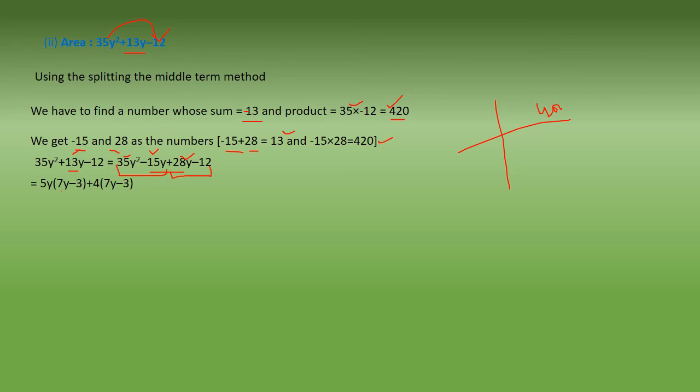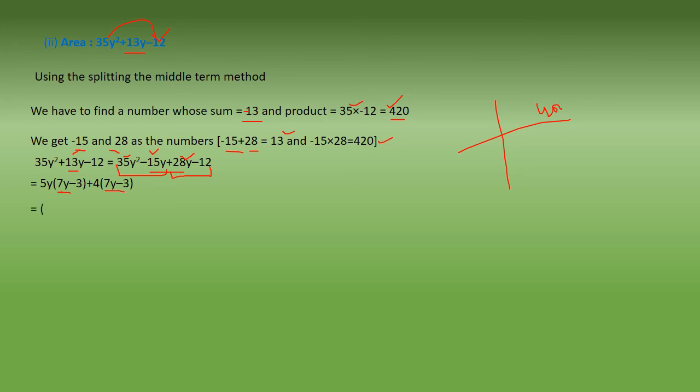If we multiply 7 into 5, we get 35, and 5y into 3 gives rise to 15y, and similarly this becomes equal to this. So this term and this term are similar, so we will take this term common and make the factors.